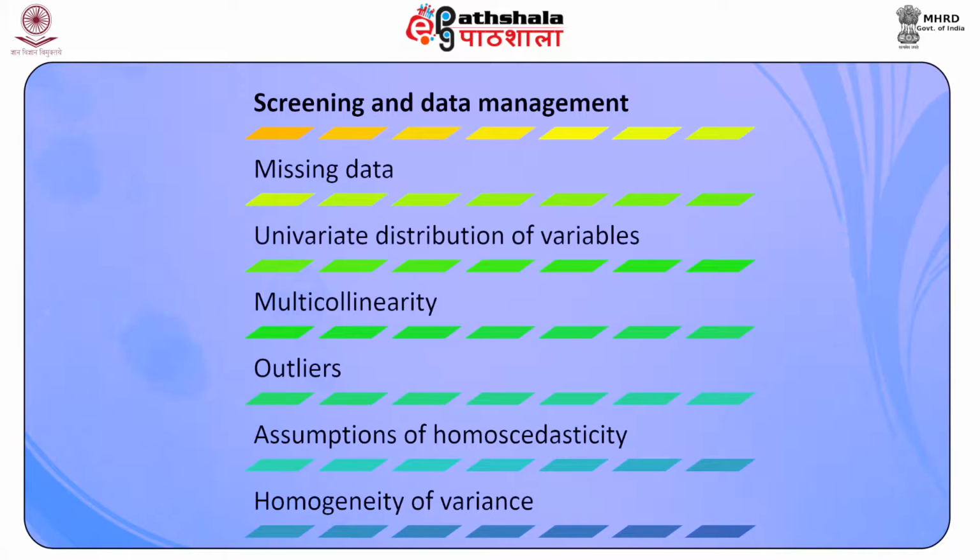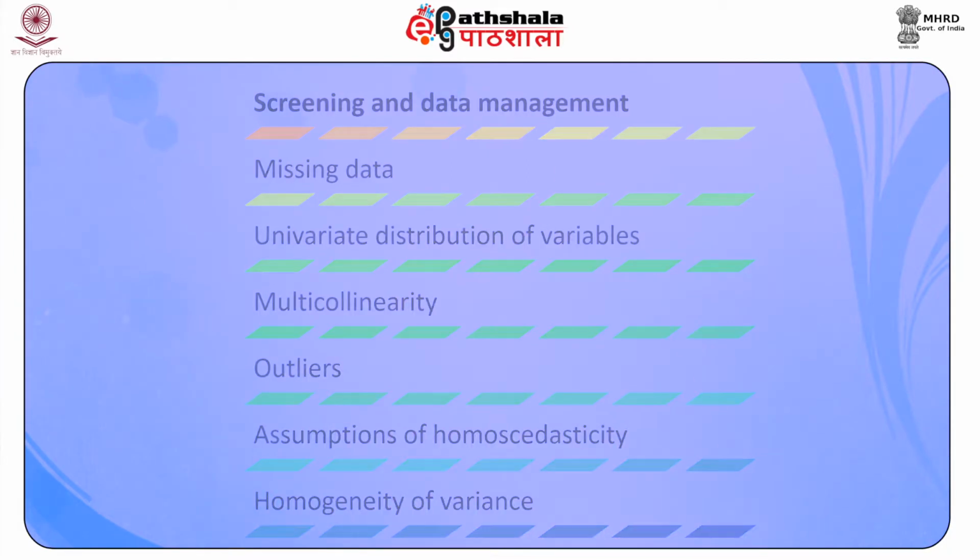It takes note of several issues like missing data, univariate distribution of variables, multicollinearity, outliers, assumptions of homoscedasticity, homogeneity of variance and many others. It is important for a researcher to properly screen the data by spending enough time and effort so that appropriate conclusions can be drawn and sound decisions can be made. A section of this module is devoted to screening of data and issues related to data management.